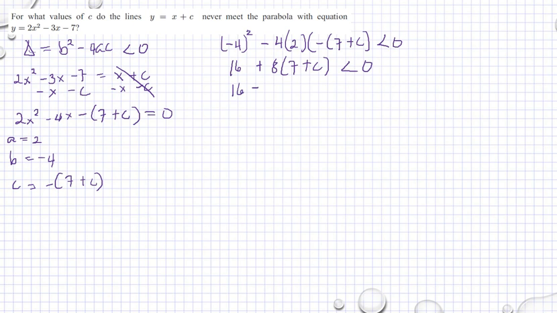And then we have 16 plus 56, 8 times 7 is 56, plus 8c is less than 0. Then we have 72. If we subtract 72 from both sides of the equation, we have 8c is less than negative 72. Dividing by 8, c is less than negative 9.